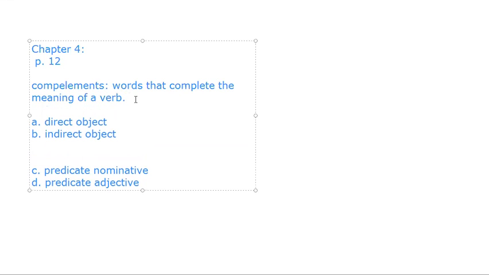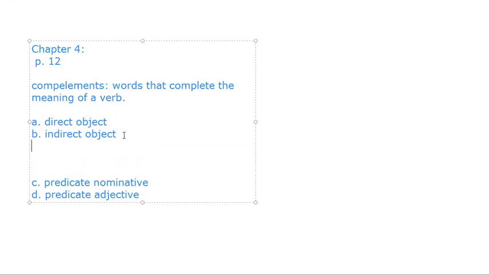The kind of verb that we have is very important. Direct objects and indirect objects, in class we said, you will not be able to have a direct object or an indirect object without having an action verb. So you must have an action verb first.